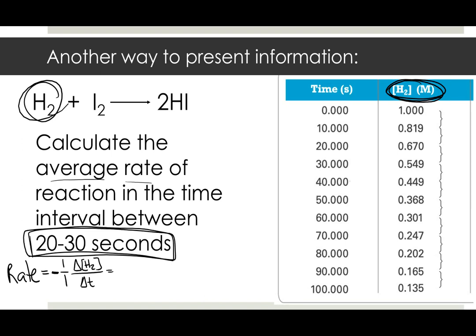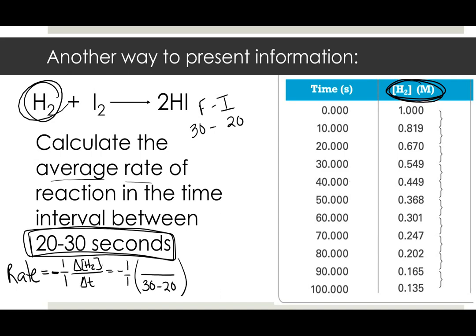Okay. So expand this out a little bit. We're going to have -1/1. The change in time is going to be 20 to 30 seconds. So final minus initial. So our final time was 30. Our initial time was 20. So final minus initial, 30 minus 20.